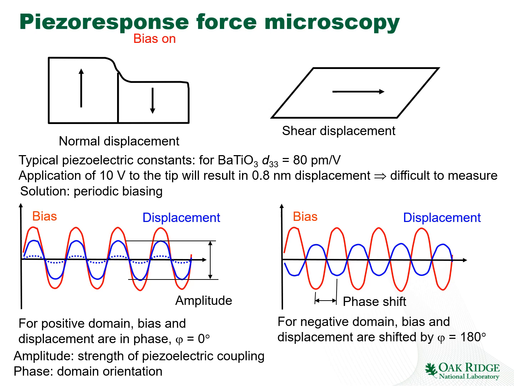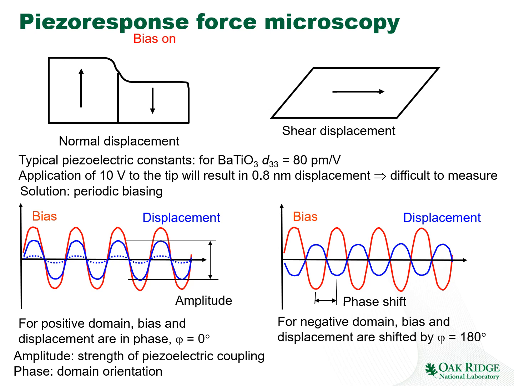For barium titanate, the typical magnitude of this expansion and contraction is about 80 picometers per volt. And if we apply 10 volts, then the displacement is a little bit less than a nanometer, very difficult to measure statically, however, very easy to measure in the periodic biasing regime.